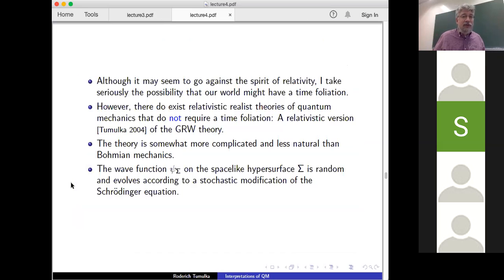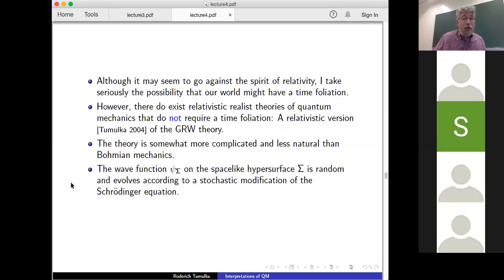Although it may seem to go against the spirit of relativity, I take seriously the possibility that our world might have a time foliation. However, there do exist relativistic, realist theories of quantum mechanics that do not require a time foliation. In particular, a relativistic version of the GRW theory that I myself had the privilege to develop.